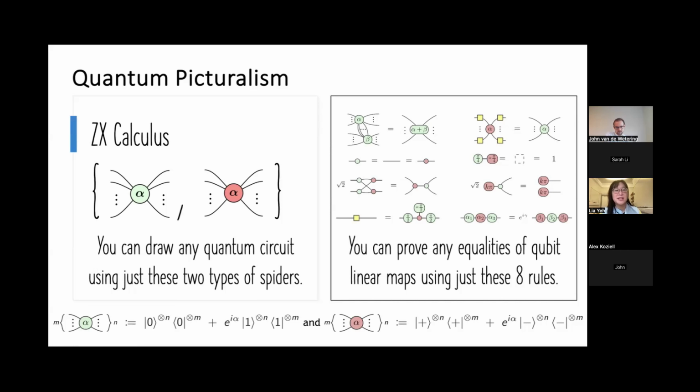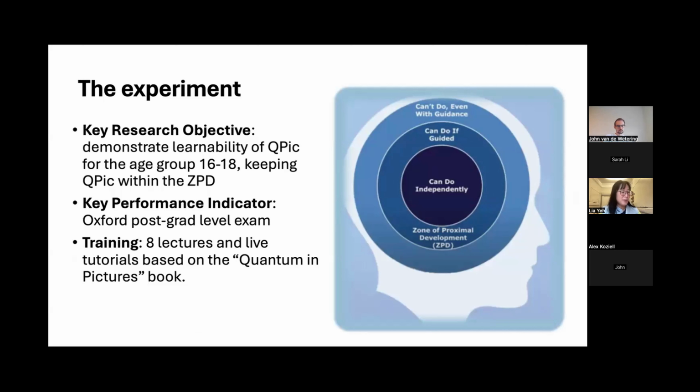The experiment had 3 main objectives, but the most important one was the test of which quantum concepts are teachable to this age demographic. Here, inside this brain, the zone of proximal development is this middle region. This signifies the zone of concepts that the students can learn if they had some guidance.